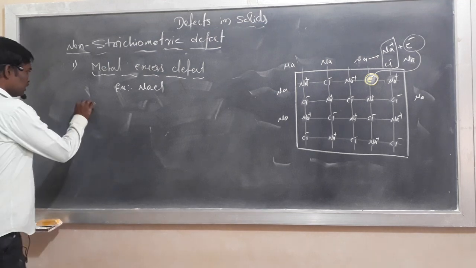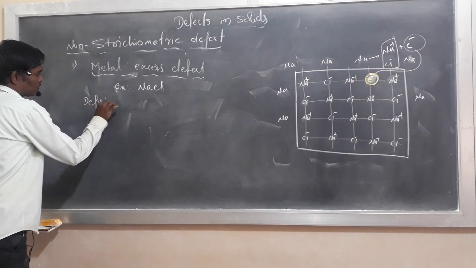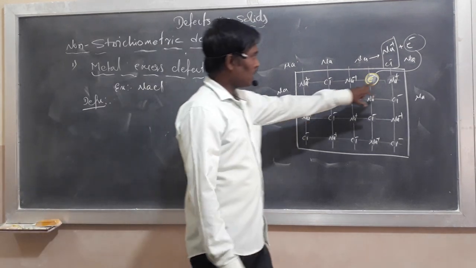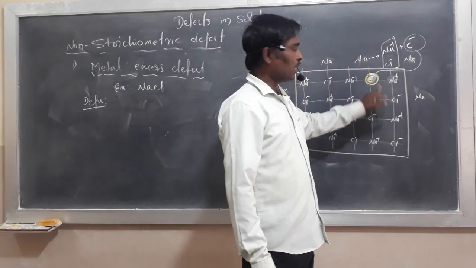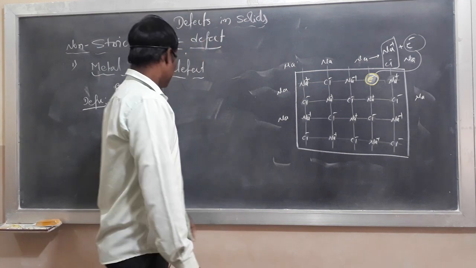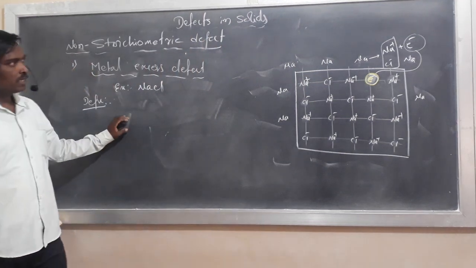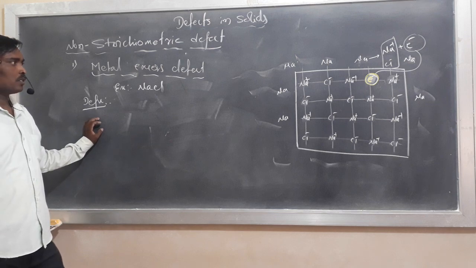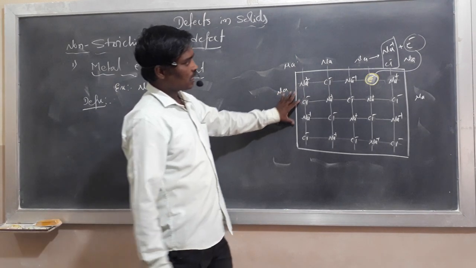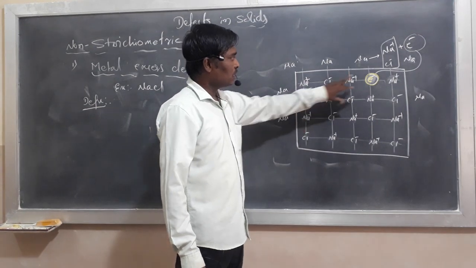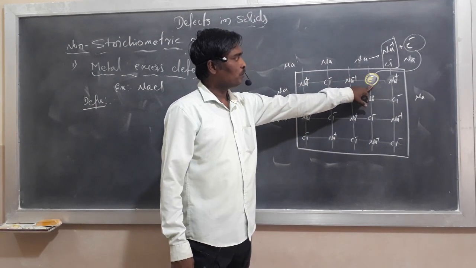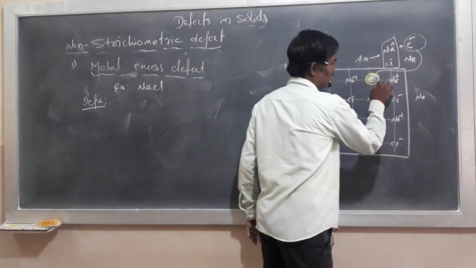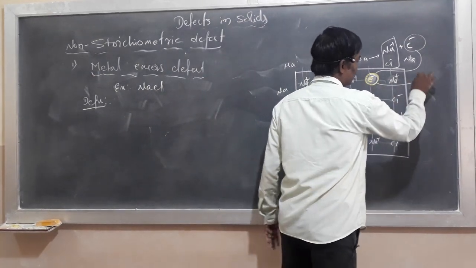And there is a definition. This electron occupies the anionic site to maintain the electrical neutrality of the crystal. The crystal must be electrically neutral, so for that, the electron occupies the anionic site. That point is called an F center.